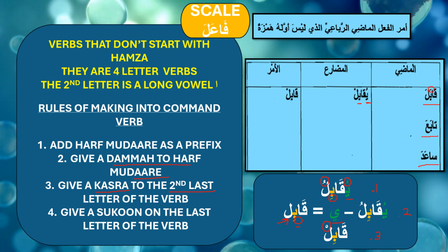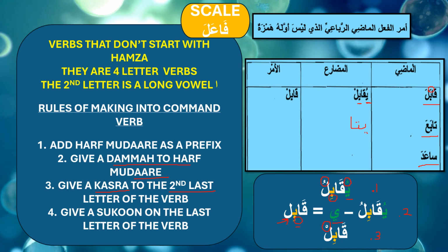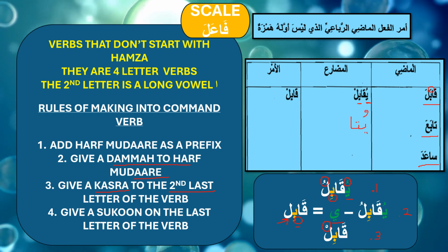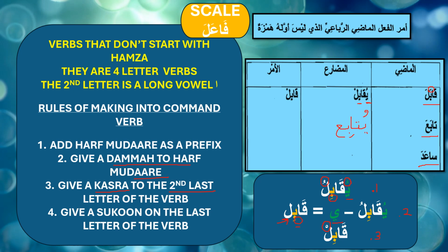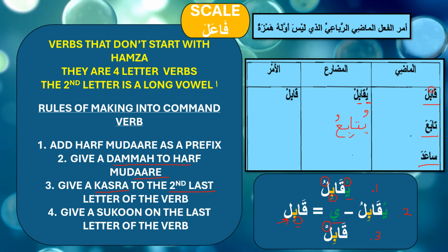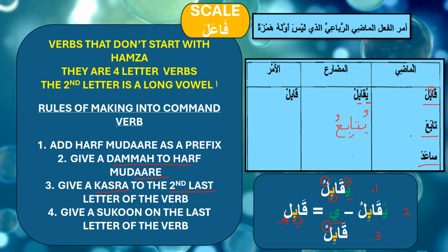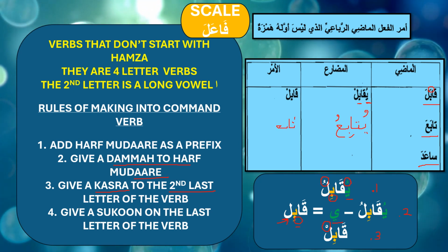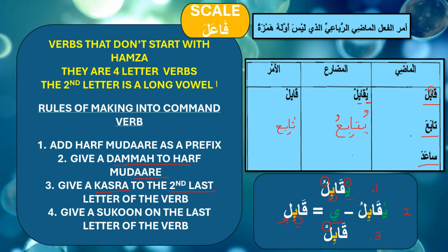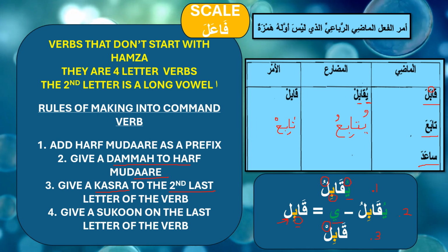Similarly, when you do it with taba'a, it's yutabi'u. So giving a dhamma on the harf mudare and a kasra on the second last letter, yutabi'u. And if you want to make the command, remove the harf mudare, tabi'. So it's ba with a kasra and a sukoon over the ain, and it's tabi'.